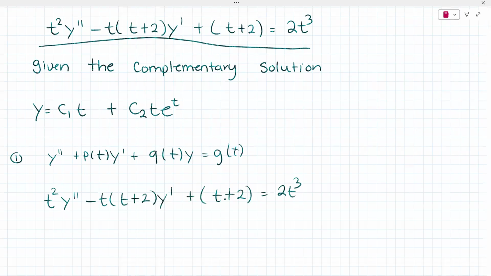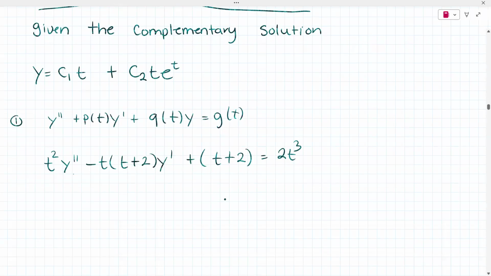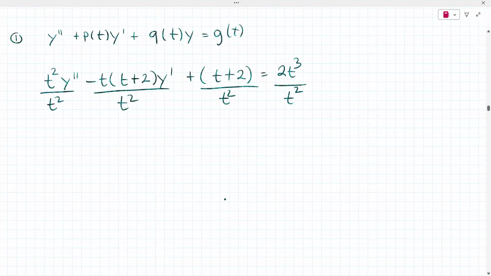What we have to do is get rid of this t squared. So to do so, you're going to divide both sides by t squared. You get y double prime minus t, and this t cancels, so we're just left with negative (t plus 2) y prime, and then this t cancels, so we're just left with y.